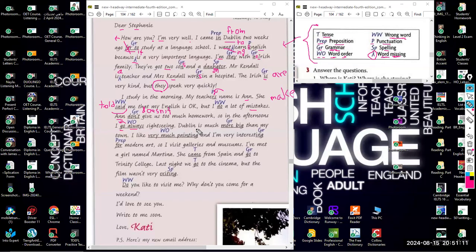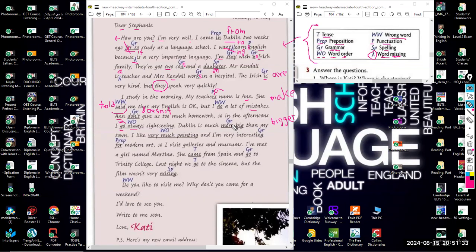sightseeing. Now, Dublin is much more big than my town. We have a grammar mistake. It's bigger than, thank you so much. Because big, guys, has only one syllable, I have to apply the regular rule, which is adding R, ER, IER, exactly.